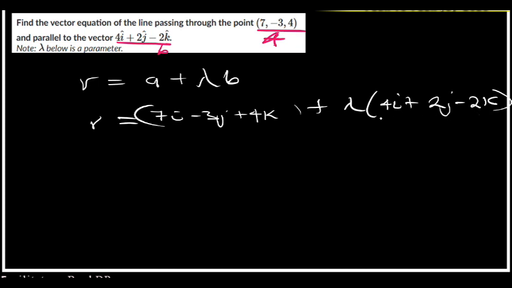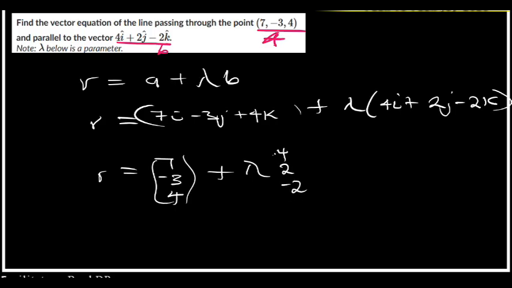So that is all. You can also decide to represent your answer in column form, and that will be r is equal to 7, minus 3, 4, then plus lambda 4, 2, then negative 2. The answer can also be left in this form.